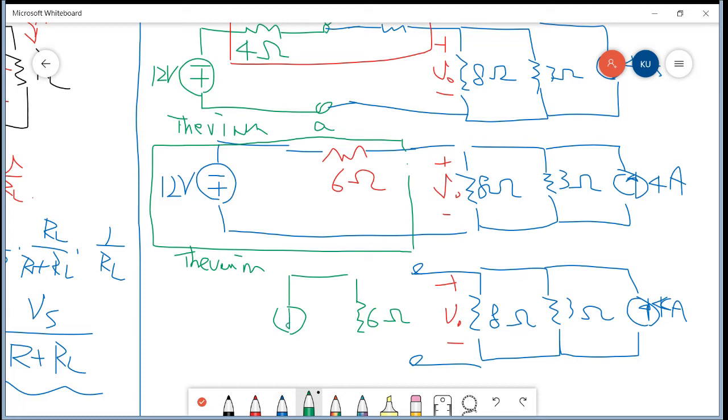so the current is also pointing downward, and the value should be 12 volt over 6 ohm, which is 2A. So it will look like this. Then we connect them together.